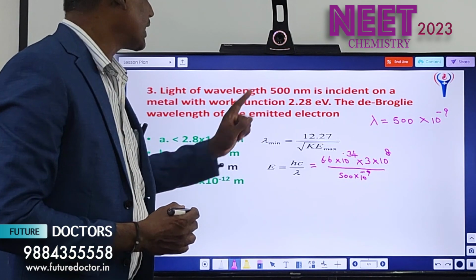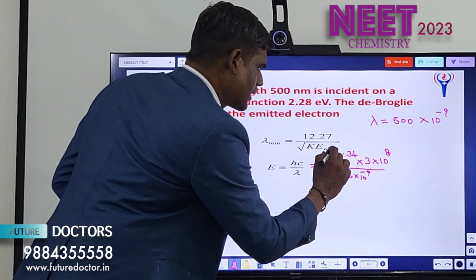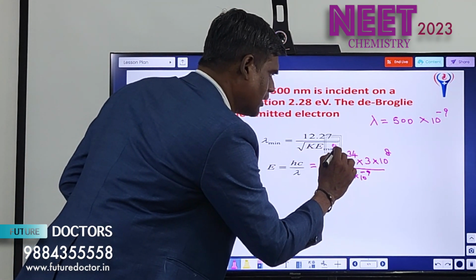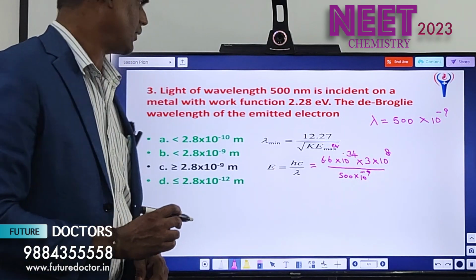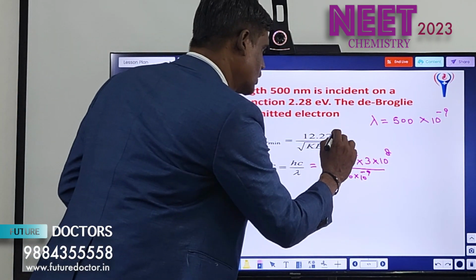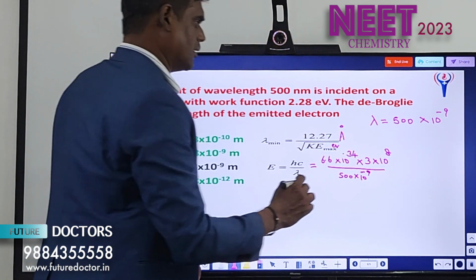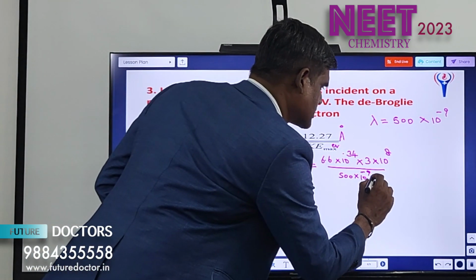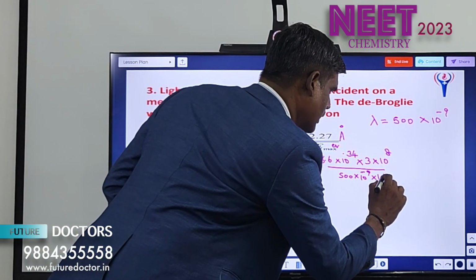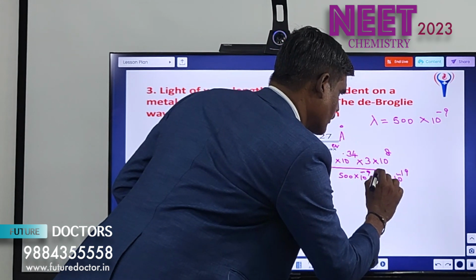But the work function and everything is given in eV, and also the kinetic energy maximum in the lambda minimum formula must be in eV. So convert this into eV. And lambda minimum equals 12.27 angstrom. If you want to convert joules into eV, divide by 1.6 into 10 power minus 19.